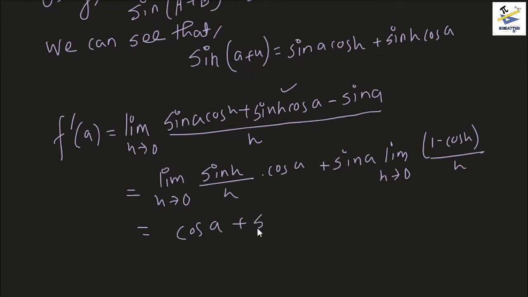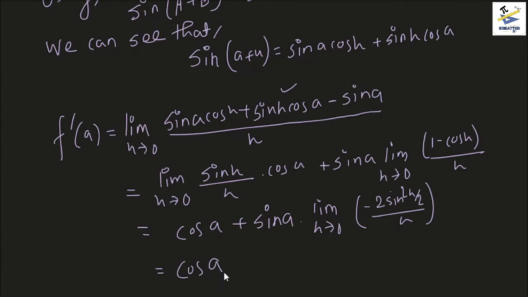And the next one, sin a into, now we first use the formula for 1 minus cos theta is equals to 2 sin square theta by 2. So using that formula it becomes minus 2 sin square h by 2 by h, and this limit goes to 0 because firstly sin h by, if it was sin h by 2 we could have found the answer, but since it is sin square h by 2 it goes to 0.